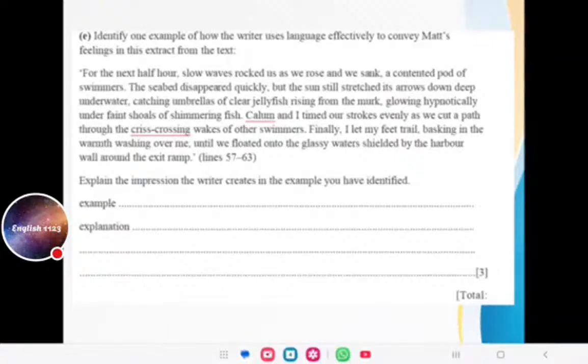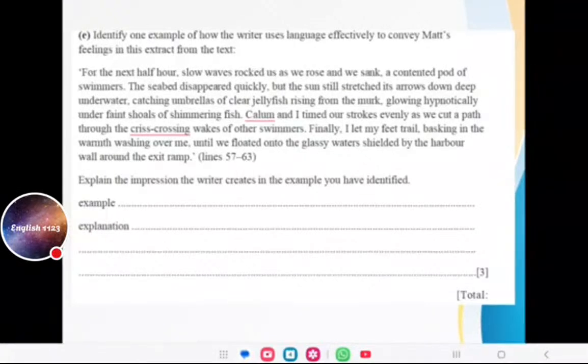Again, I am requesting you, do not go for very long lines. Just choose an example that is not more than 5 words. If you want to write one complete sentence and it's more than 5 words, you can complete your sentence, but still go for phrases. One part of the sentence and then explain that only.